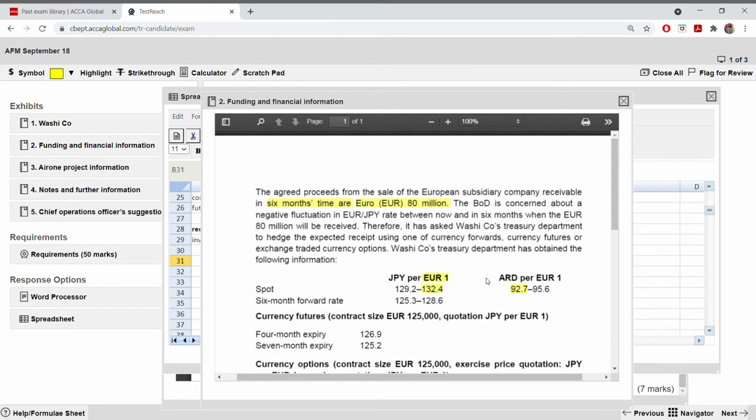Then 92.7 divided by 134 and 95.6, the second rate divided by this rate. Why is it like this, this over this and this over this? When you're converting using the cross spot rate, you cannot take the two things on the same side. One will be the asking price, one will be the bid price. That's how it goes.